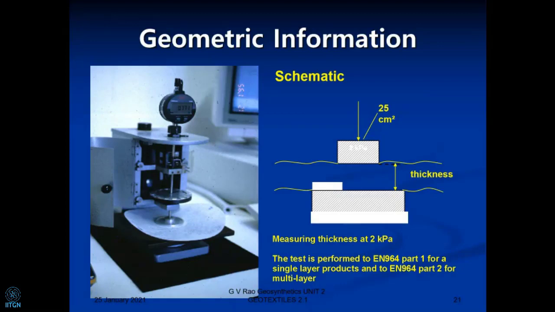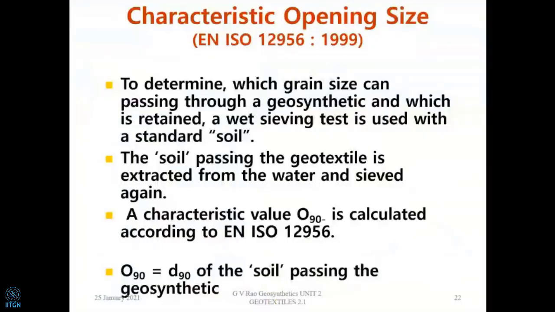So compressibility studies are needed if you are using non-woven geotextile, because its characteristics for subsequent placement in the soil at different overburden pressures are going to keep changing its behavior. So that is what we have to keep in mind. So that is the second thing. These two tests are very easy.